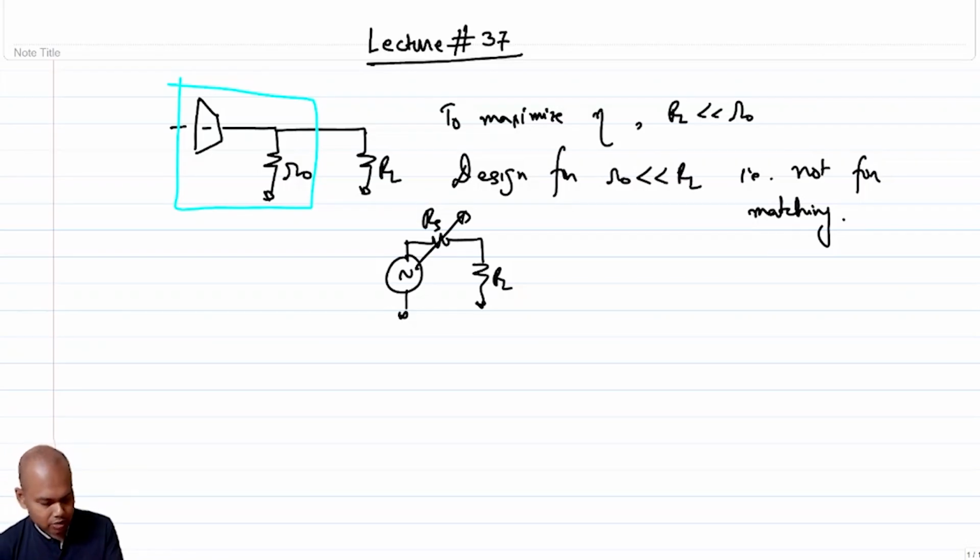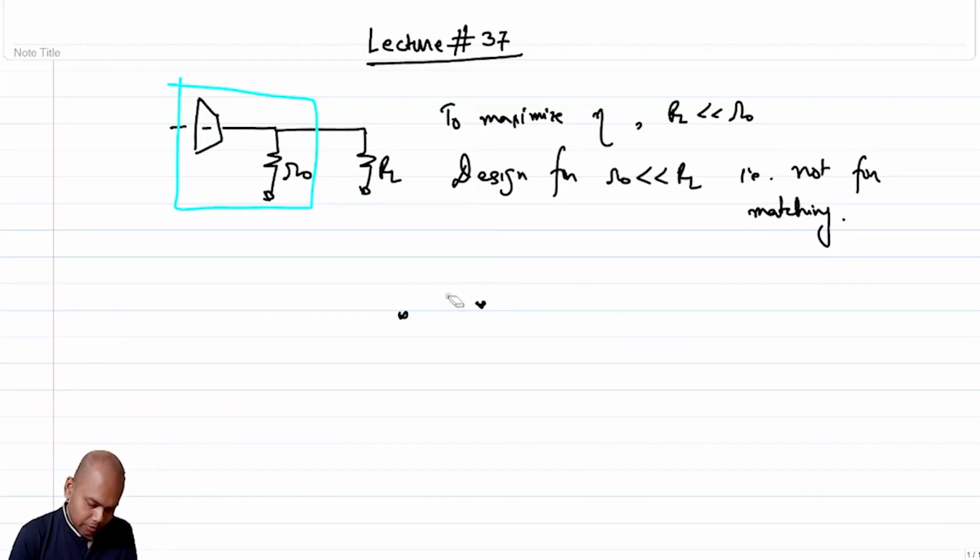So it's analogous, not equivalent, to saying that R0 has to be much lesser than RL. You design the PA to maximize efficiency for these purposes, and this should be evident by now, because we were seeing how we would like to down convert RL to a smaller value. We would like to have all the output swing go on to RL, right? So this is number one that we needed to get out of the way.